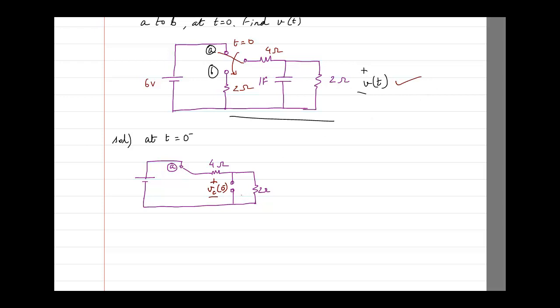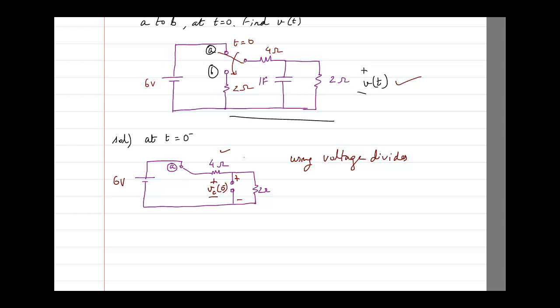Anyway, what is the voltage up to which it is charged? You can see this voltage is the same voltage that is across the 2 ohms, and this is the 6 volt battery. So using voltage division. What is voltage division? Voltage division divides the voltage among two resistances.